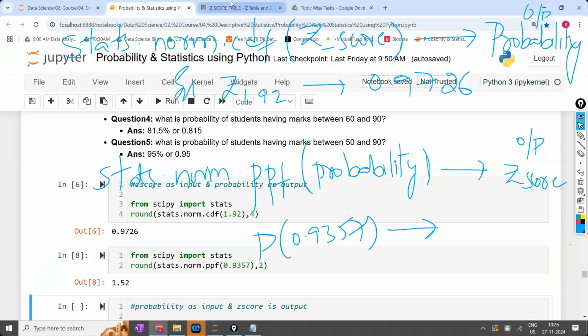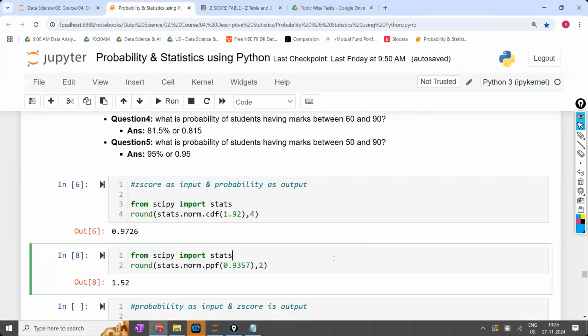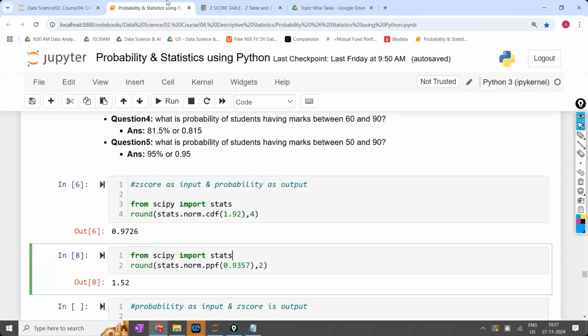Sir, when do we have to open the table and when do we have to use Python, in the interview or in the exam? In the exam, you have to use the Z tables. In the companies, we have to use the Python code. Tomorrow, if you write the Microsoft exam or TCS exam, you can't say, sir, I want Python, I want the CDF function. This question was given in the TCS exam recently.